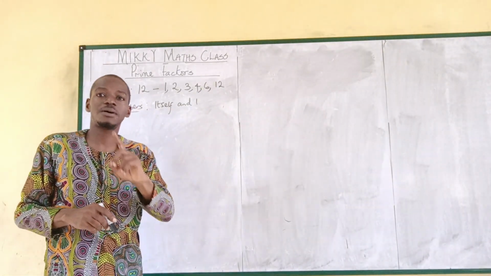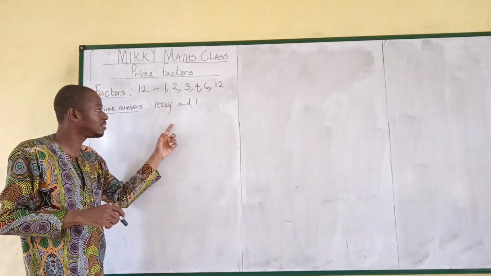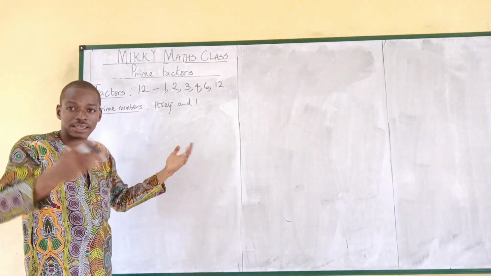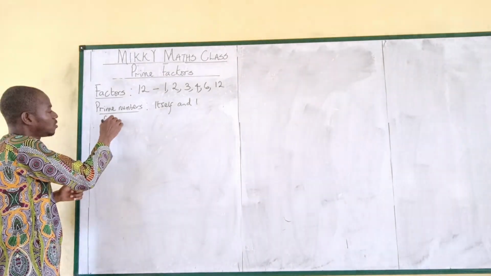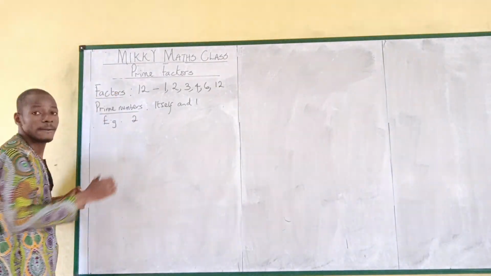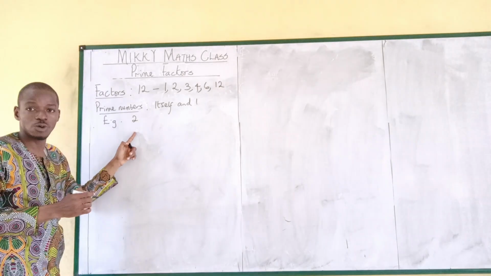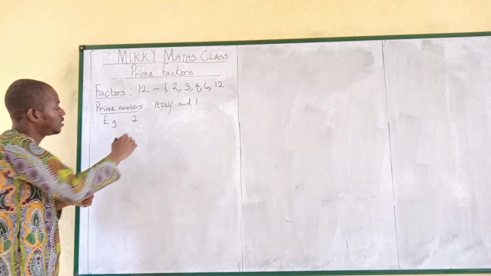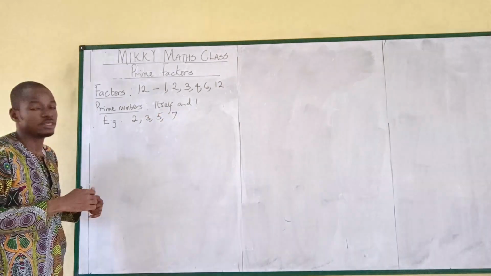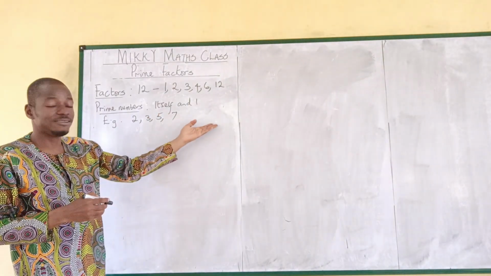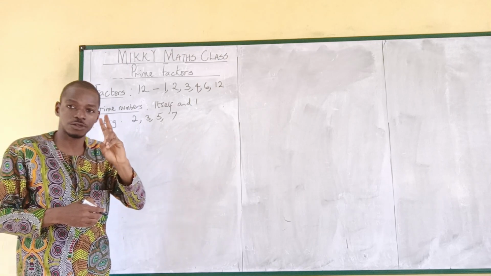That means the only number that can divide them is 1 and itself. Examples of prime numbers, you have numbers like 2. Only 2 can divide 2 and only 1 can divide 2. You have 3. You have 5, you have 7. These are examples of prime numbers. They have only 2 factors.